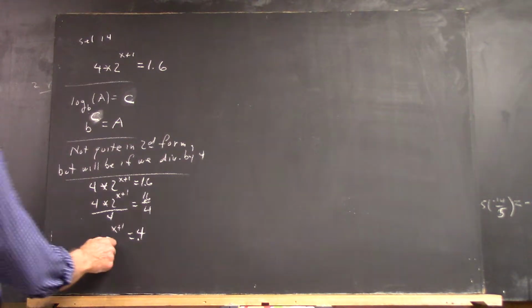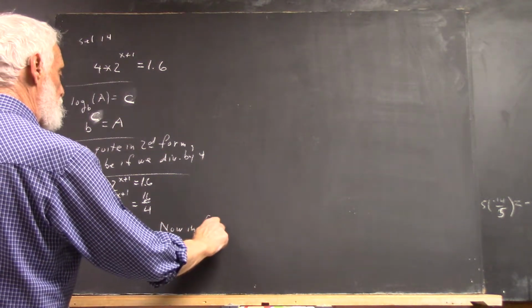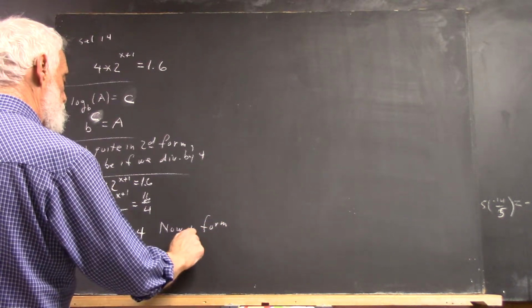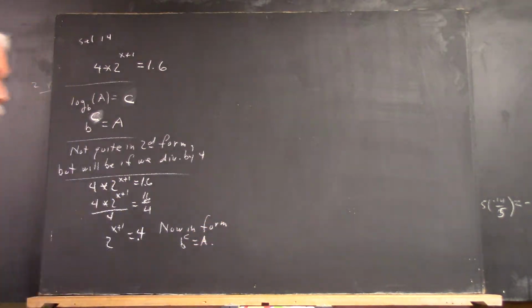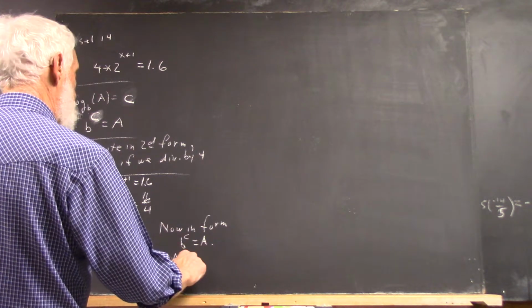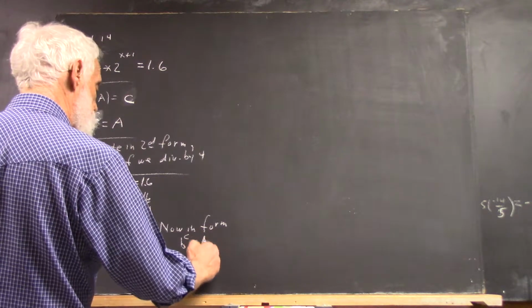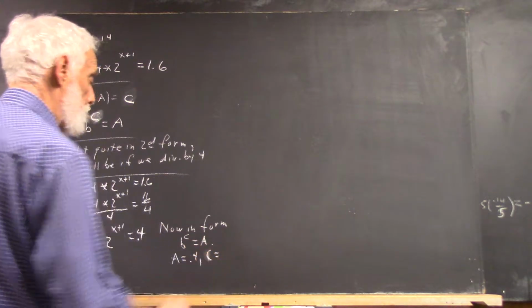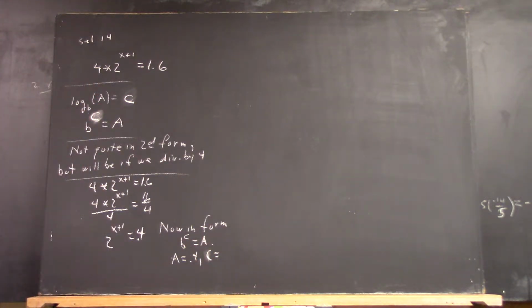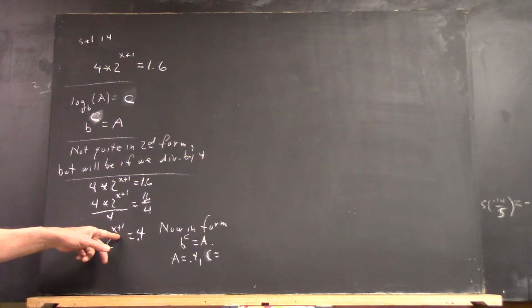So anyhow, now we have it in the form B to the C equals A, where A equals 0.4 and C is what? X plus 1. Yeah, it's got an X. X plus 1, right?